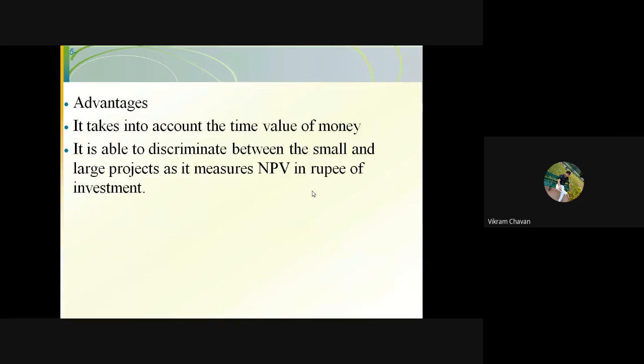Then it is able to discriminate between small and large projects, as it measures the NPV per rupee of investment, so it provides information on whether the project is large or small. These are the advantages of BCR.